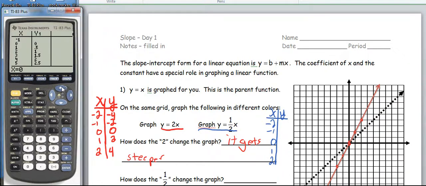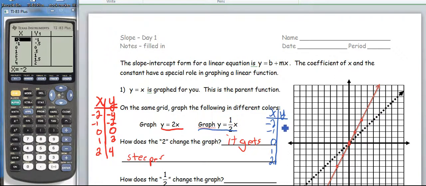And I'm going to come up here, I'm going to look, and I have -1, -0.5, 0, 0.5, and 1. So now I can plot these. -2, -1, 1/2, go over my red right there. Yep.